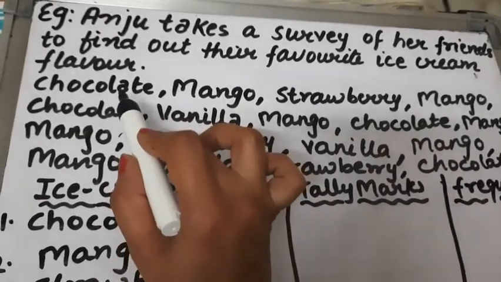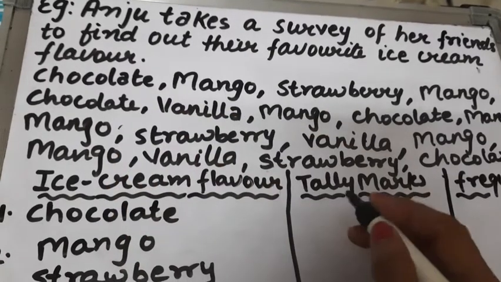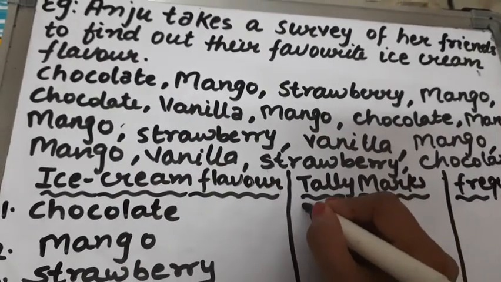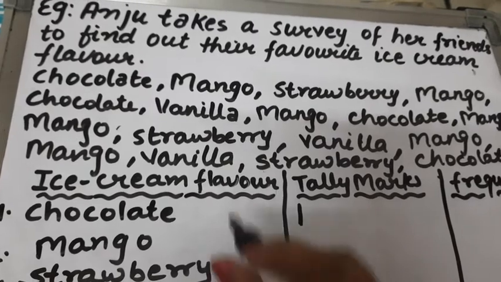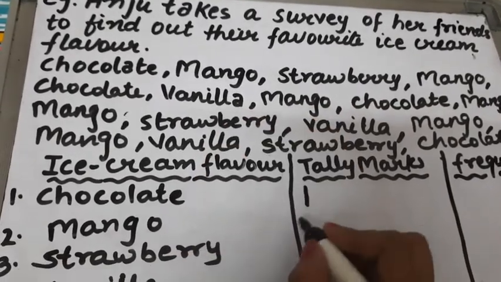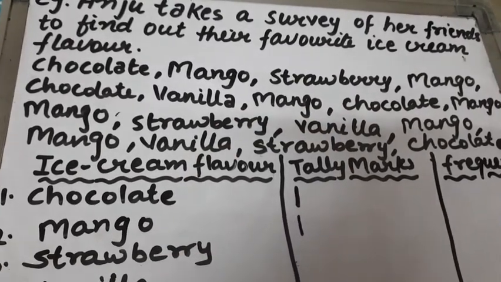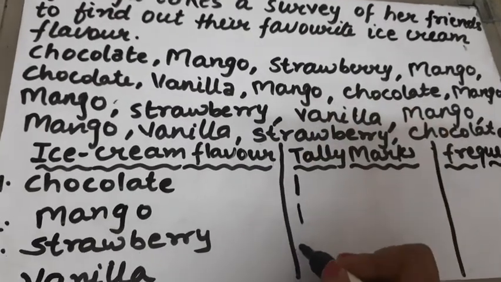So, first choice is chocolate. Put a vertical stroke in front of chocolate. Then mango, put a vertical stroke in front of mango. Then strawberry.